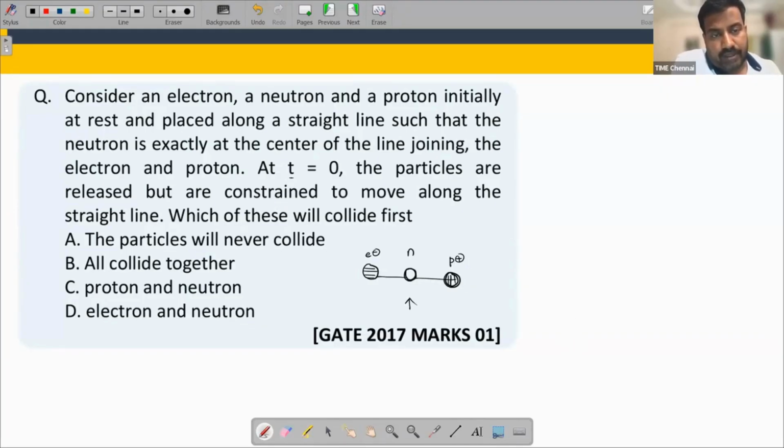At time t equal to 0, the particles are released. Now they can go any way they want.